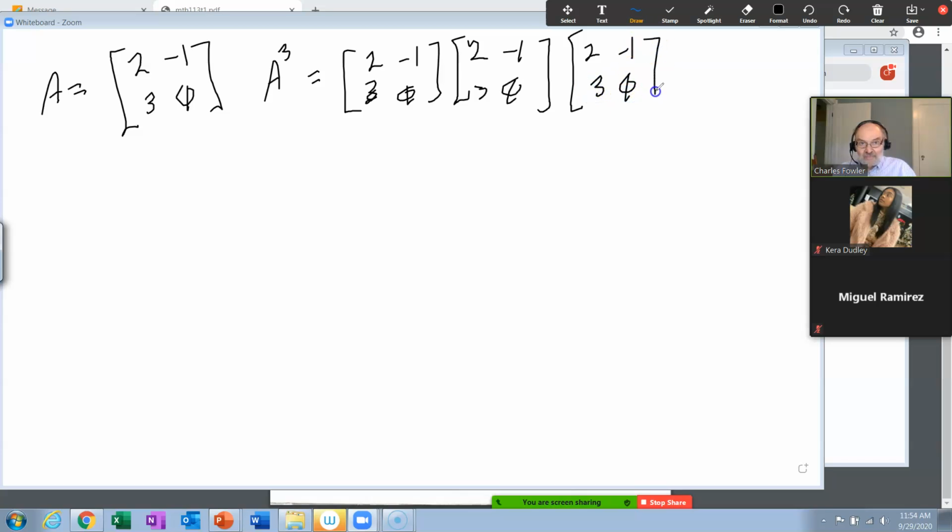A cubed. It doesn't matter which one you do first. You could do these two times that one, or this one times the product of those two. It doesn't matter. So let's do these two first. Certainly that's going to be a 2 by 2, and we'll multiply it by 2, -1, 3, 0.